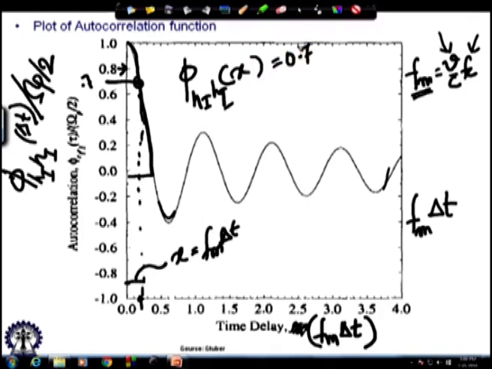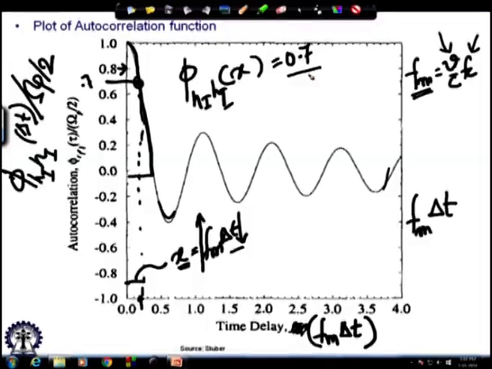Since x is equal to f_m delta t, as f_m increases, delta t must decrease in order to maintain the same value of x, so as to get the same value of correlation, and vice versa. So as the Doppler frequency increases, that means as the velocity increases, the time at which there is 70% correlation would be smaller and smaller.